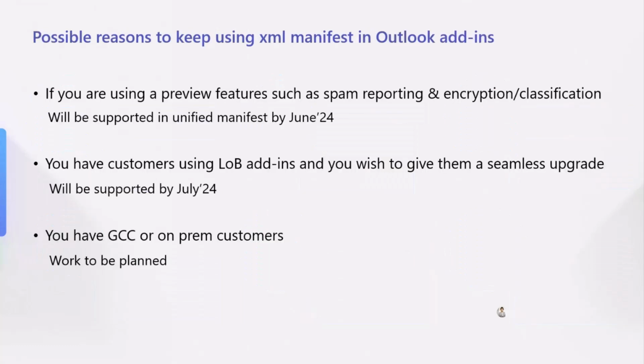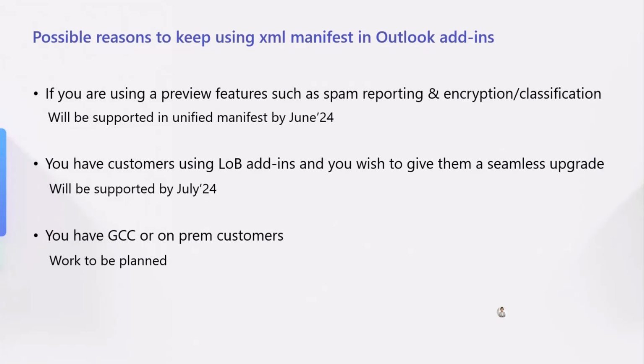Next, I just wanted to touch base on this, just to let you know in terms of what is coming next, and also maybe a few possible reasons that you might want to hold off publishing your JSON add-ins immediately.